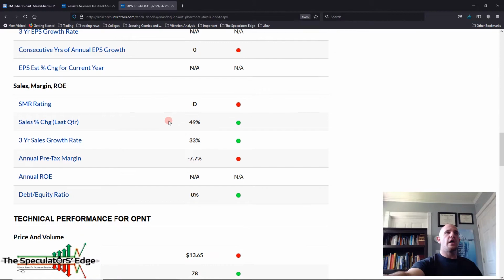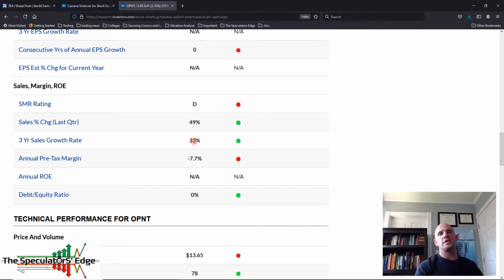That's okay. The sales has actually been really good. Sales percent change last quarter was 49%, with the 3-year sales growth rate being at 33%. That is excellent. It's great to see. That's what we want to see. We want to see their sales increasing quarter to quarter, and not only that, yearly, because that means they're selling their product.